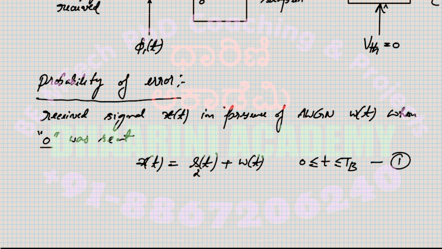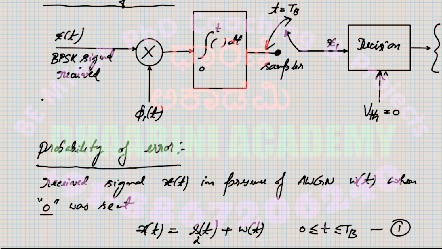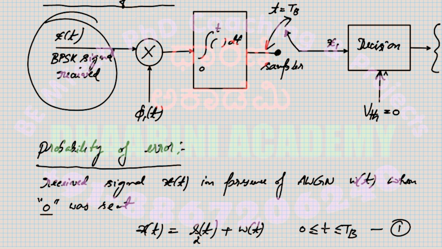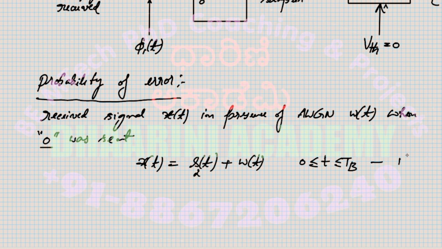Now you see, this is what has been received as a BPSK signal. Come back to this. That's the x of t which is here. This x of t passes through the correlator. The correlator is multiplication first with phi of t and then integrating. So all together, this will be the correlator.